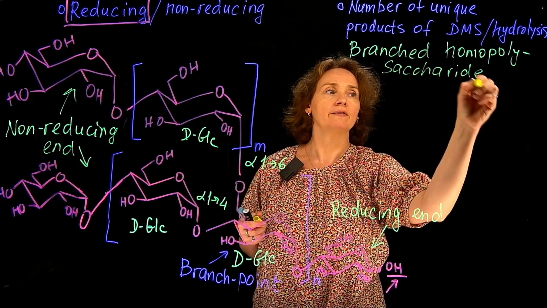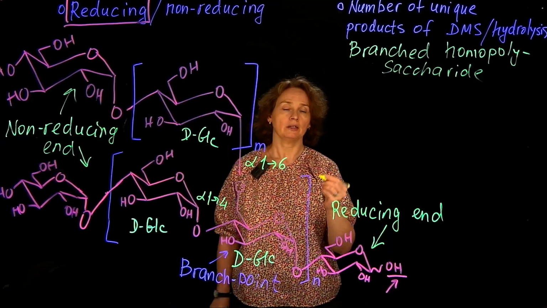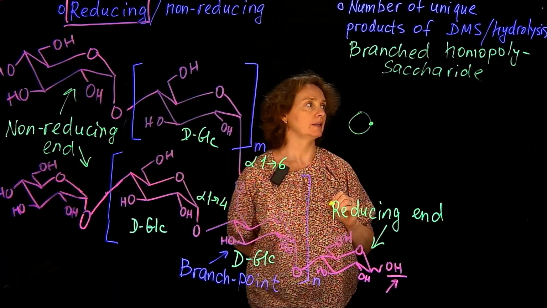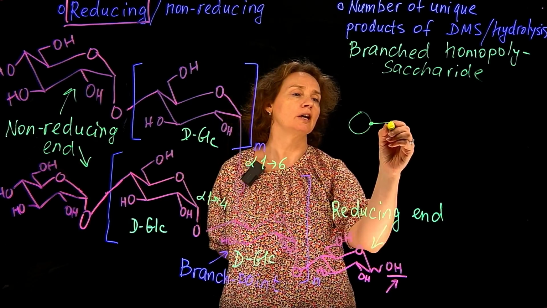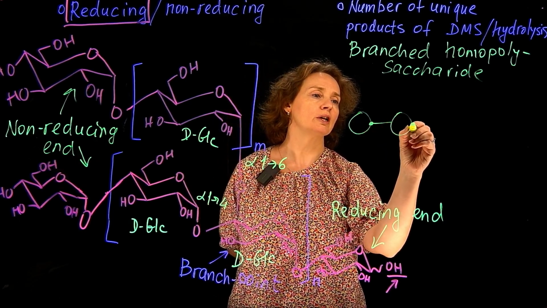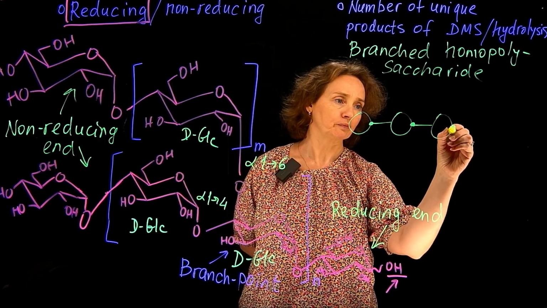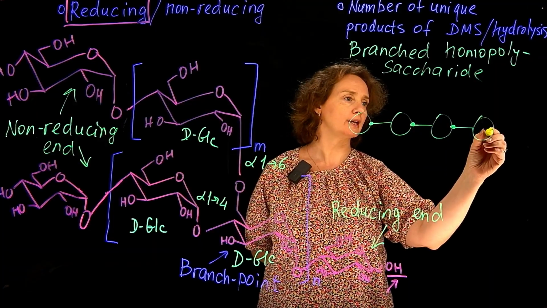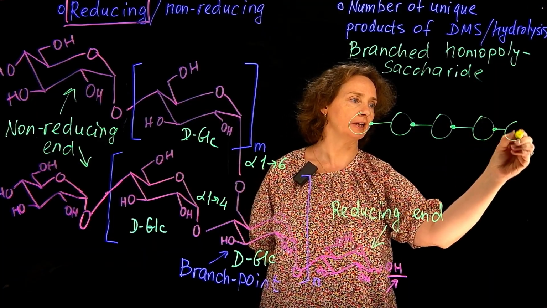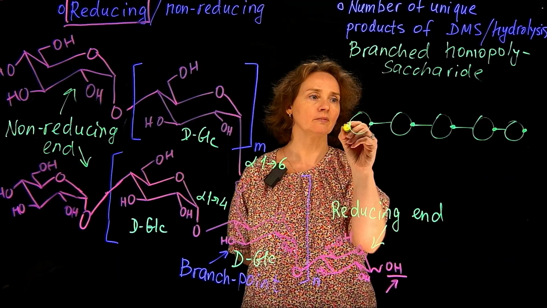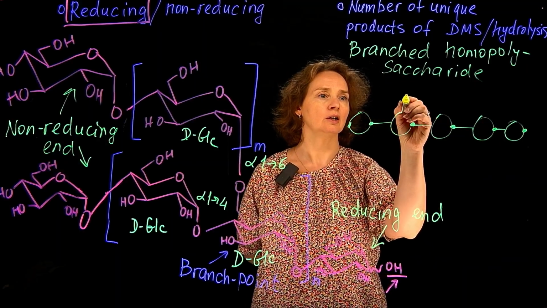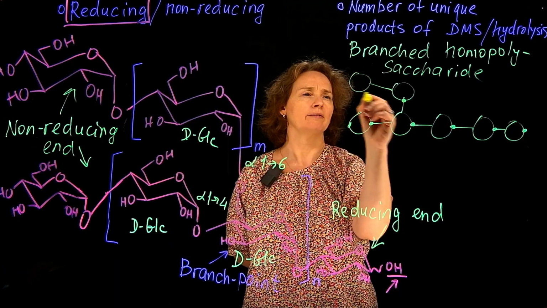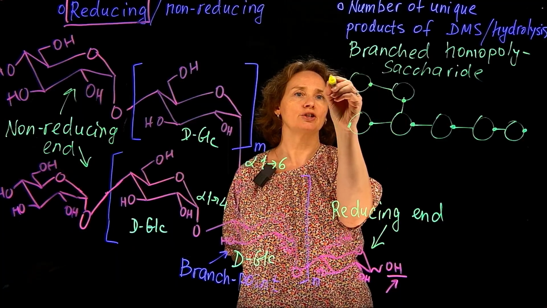So for that kind of polymer, we can actually envision each of the polymers. Let me label my anomeric carbon like that. Each of the monosaccharides engages in the formation of two glycosidic bonds, unless we have the very end. And then at some points, we have a branch point, and we have another branch coming out like that.